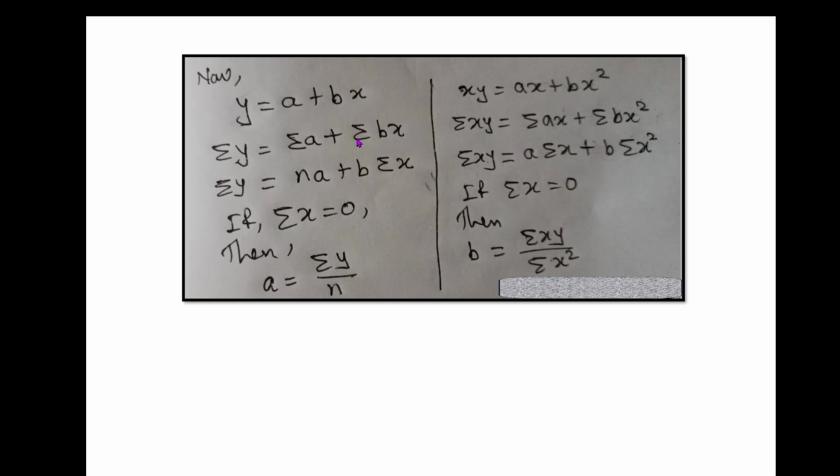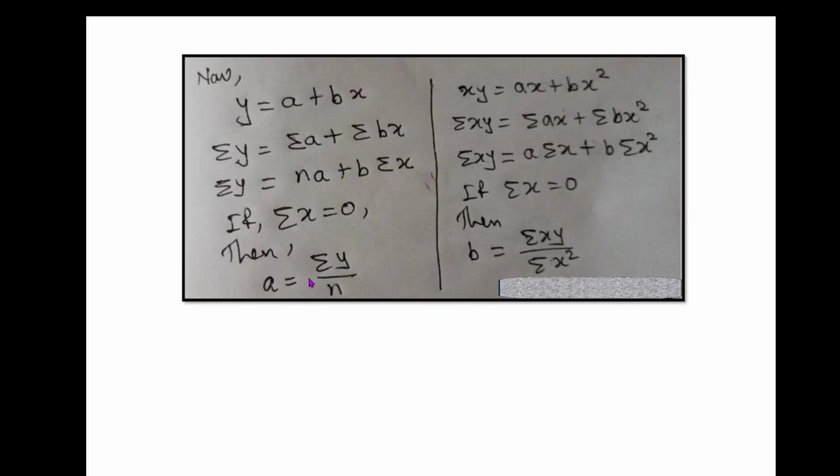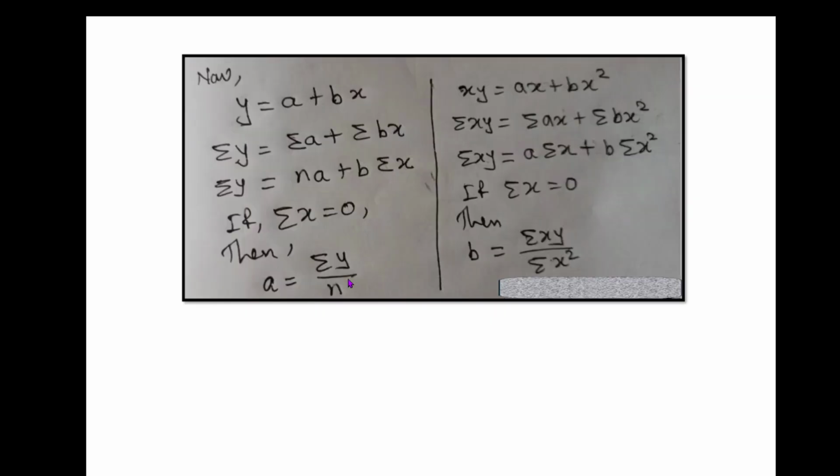Because a is constant and n stands for number of observations, and we have 5 observations, n will be 5. So 5 times a, because we are doing summation, and the constant b will come out, so b times sigma x. And because of the way we have defined our x, it will always add up to 0. This will cancel, this will cancel. So when sigma x is 0, this term will go and you will get a equal to sigma y upon n.